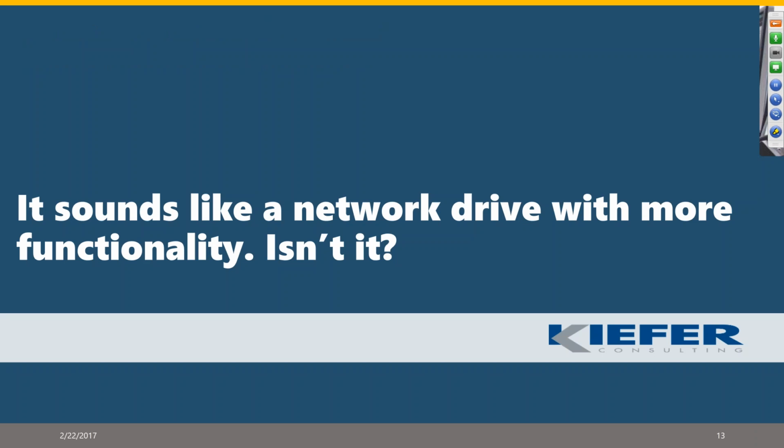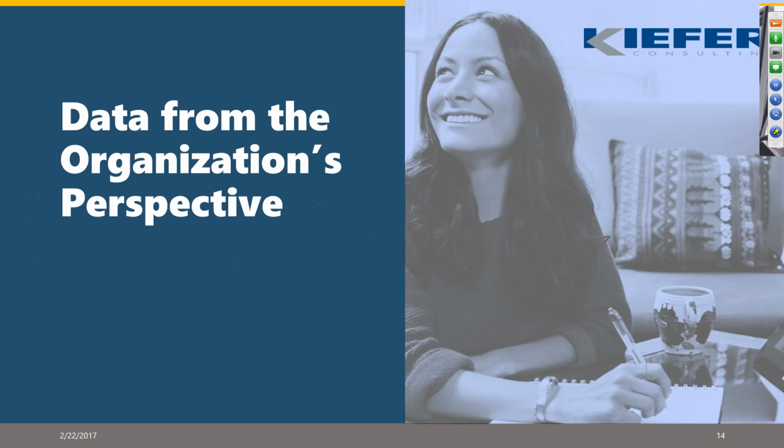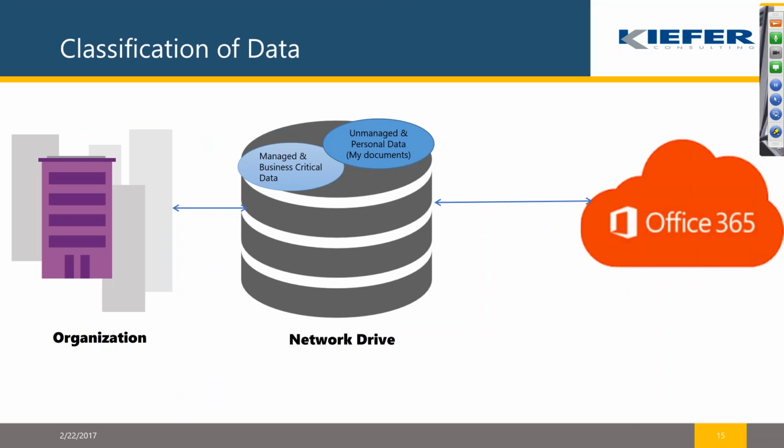So it might sound like a network drive with more functionality, doesn't it? But it's not. And in order to understand how this is fundamentally different from a network drive, first we need to understand how any organization defines its data. In any organization we have come across, they have a gigantic network drive where they store all kinds of data.